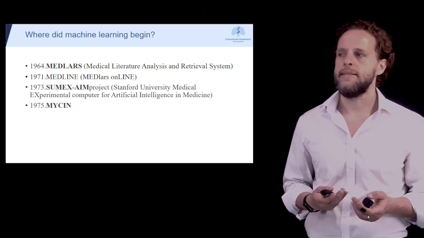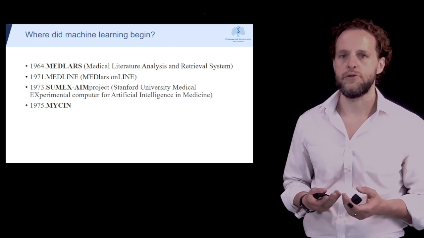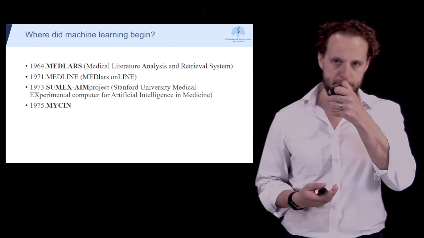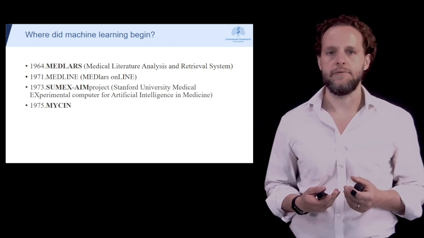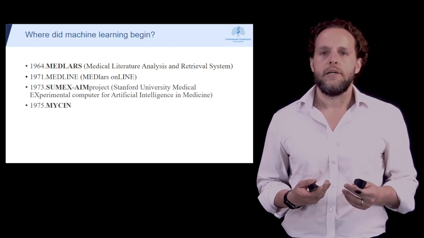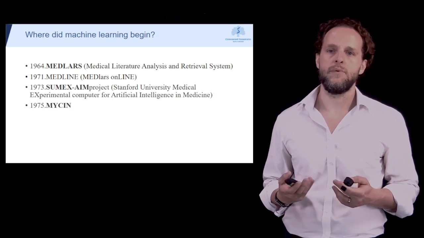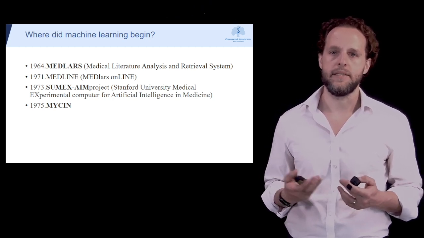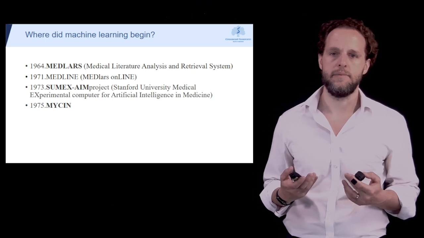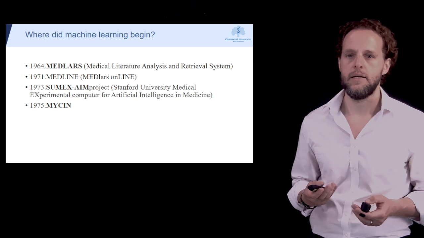In 1973, Stanford was one of the first institutions to launch a program aimed at applying artificial intelligence to research and solve biological and medical problems. This program was called SUMEX-AIM, Stanford University Medical Experimental Computer for Artificial Intelligence in Medicine.